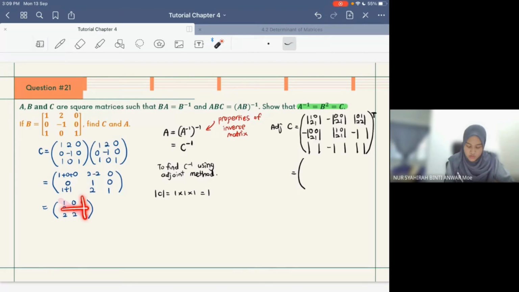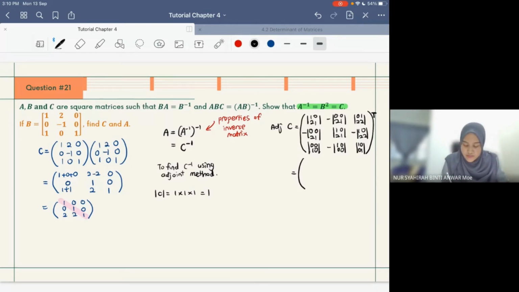Second row, third column: 1, 0, 2, 2. Here we get 0, 0, 1, 0. And third row, second column: 1, 0, 0, 0. And finally, third row, third column: 1, 0, 0, 1. Okay, so these are the elements.